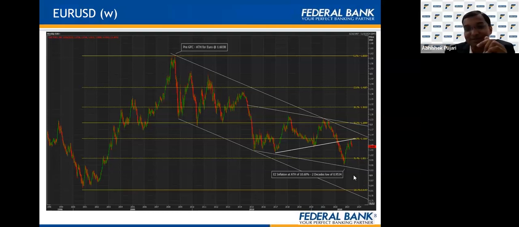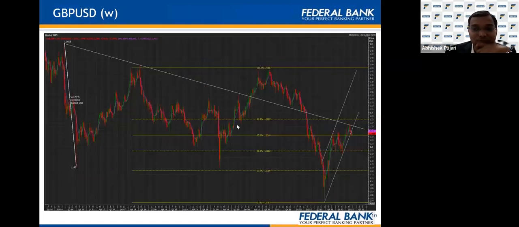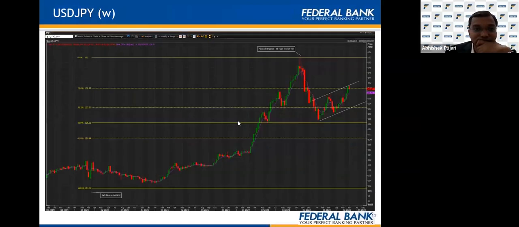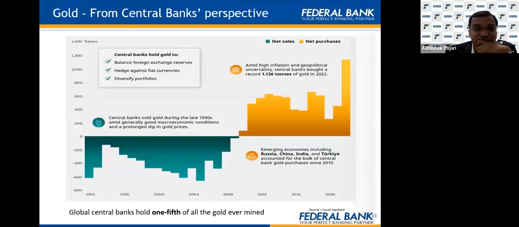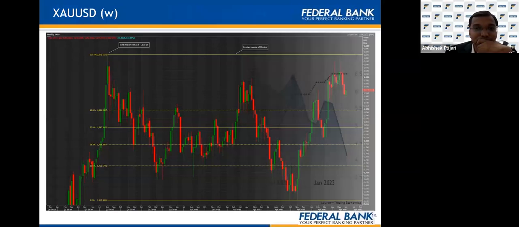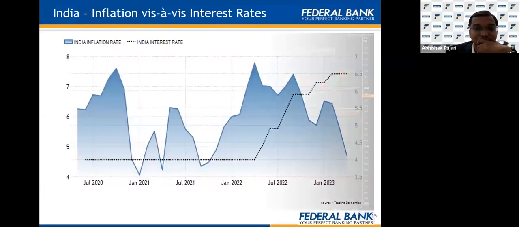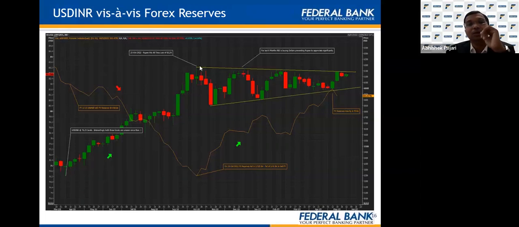The same thing has happened in India as well. During the same time, the rupee made its all-time low of around 83.29 levels.